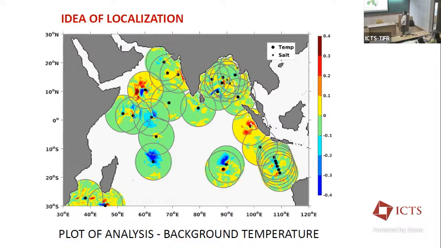So this is a very simple plot. We have plotted analysis minus background for the Indian Ocean. These dots that you see are the observations.